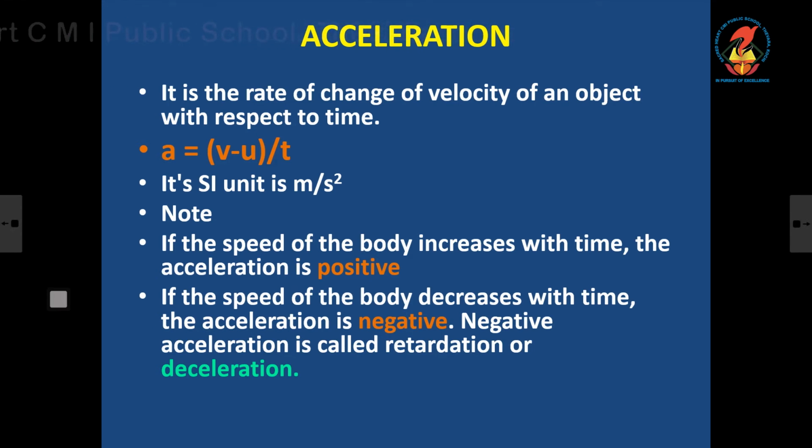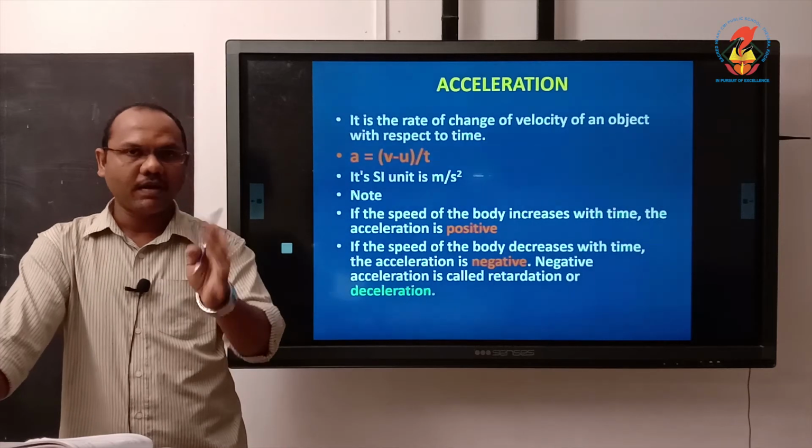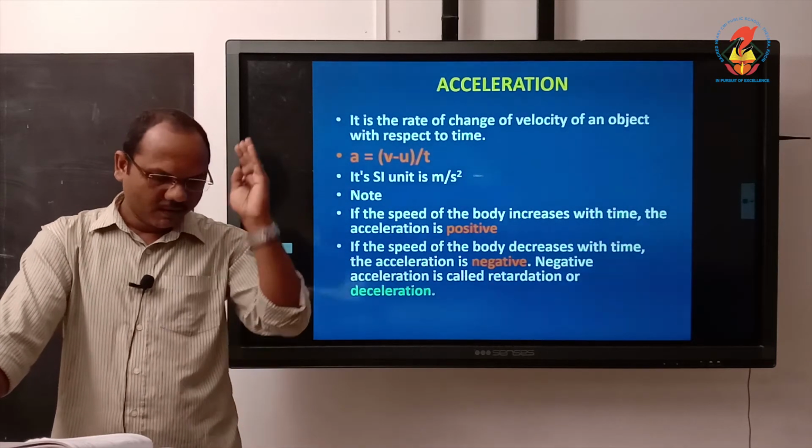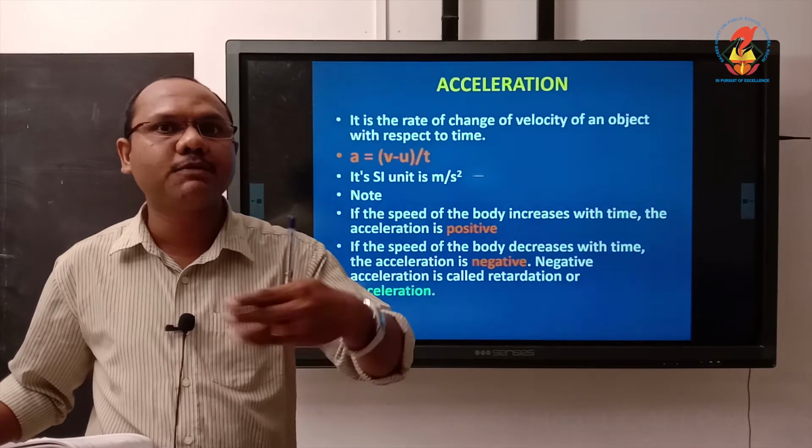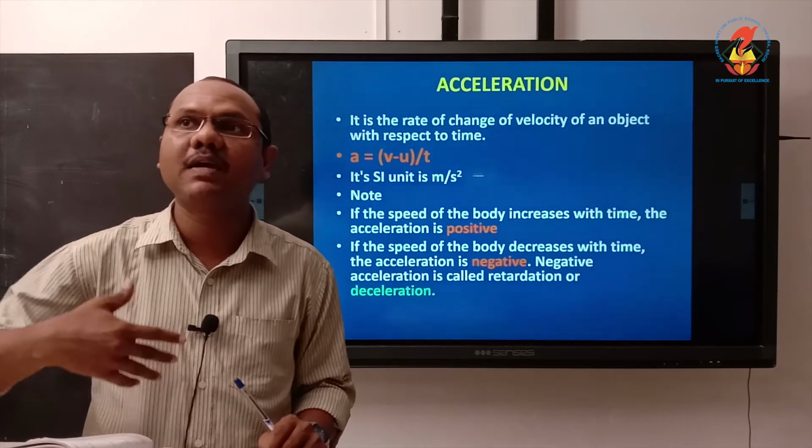Now, if the speed of the body increases with time, then the acceleration is positive. And if the speed of the body decreases with time, the acceleration is negative. Example, if you are traveling in a car, when you apply the accelerator, the speed of the vehicle is increasing and we will say the vehicle is accelerating.